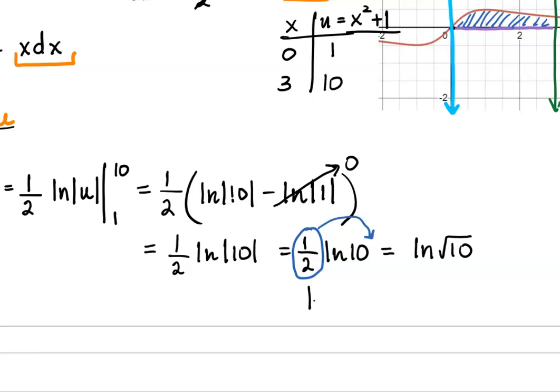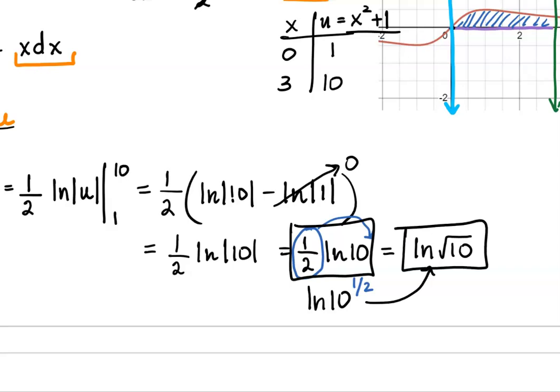So 1/2 natural log 10 is the same thing as natural log 10 to the 1/2 power. And we know that exponents of 1/2 are the same thing as a square root. I'm not going to ask you to change your answers like that. I just want you to be aware that these two things are the same. Either answer would be okay with me.